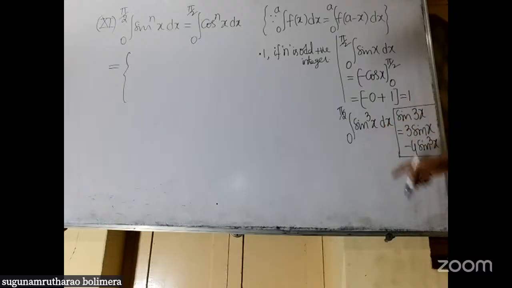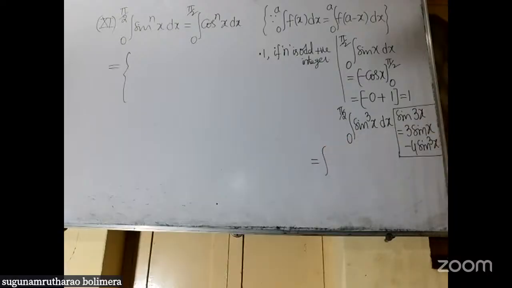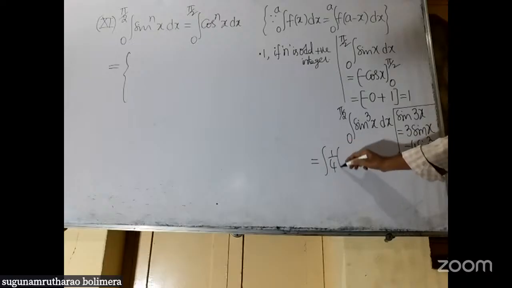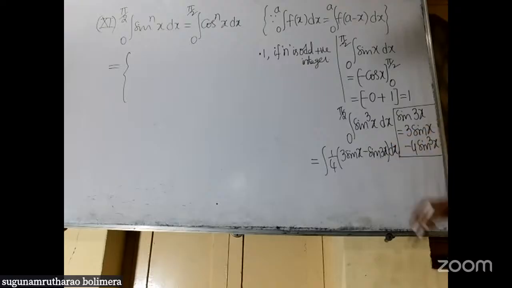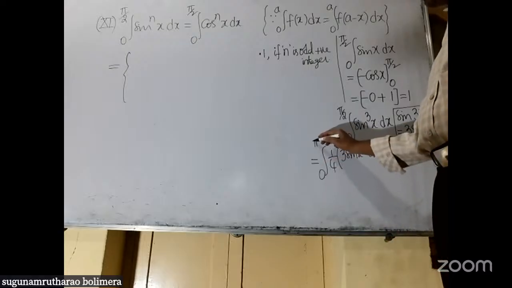If you write it towards the left, this will be integral 1 by 4, 3 sin x minus sin 3x dx, limits from 0 to pi by 2.